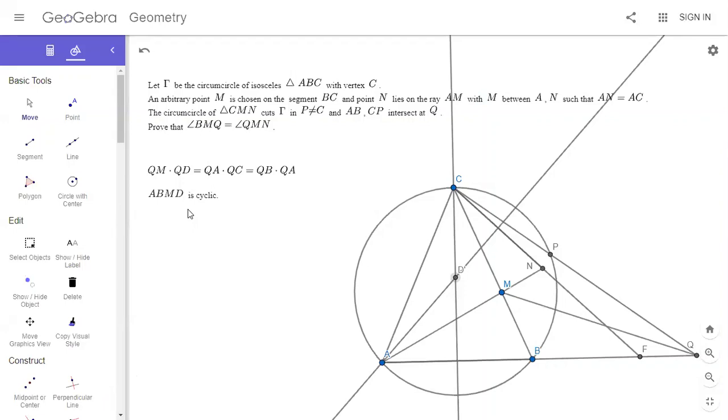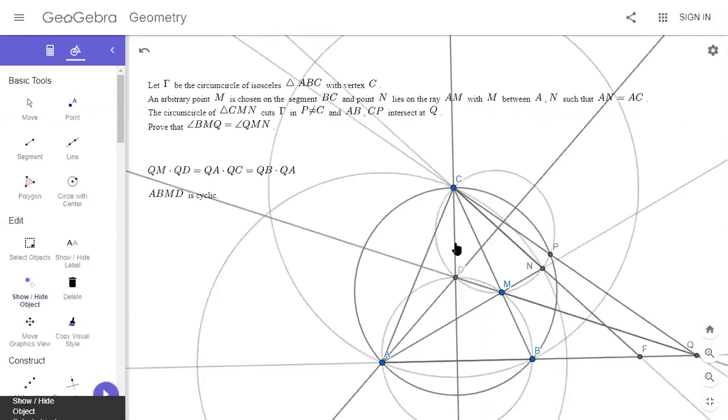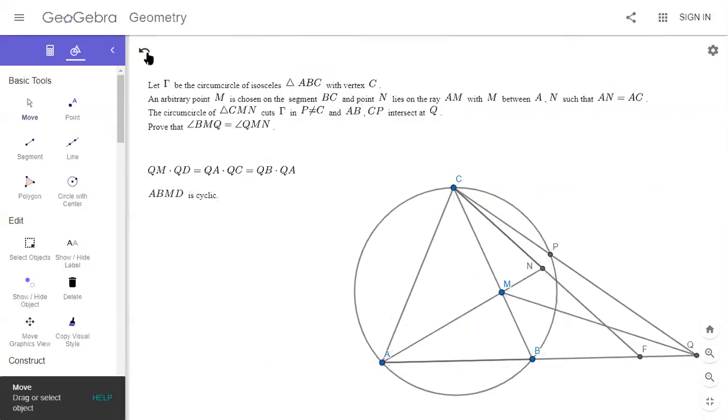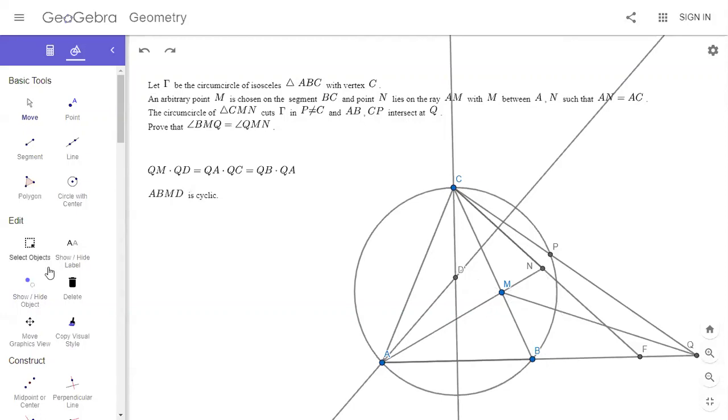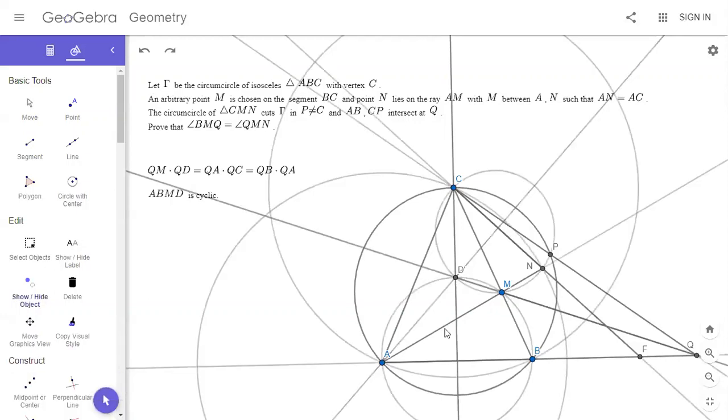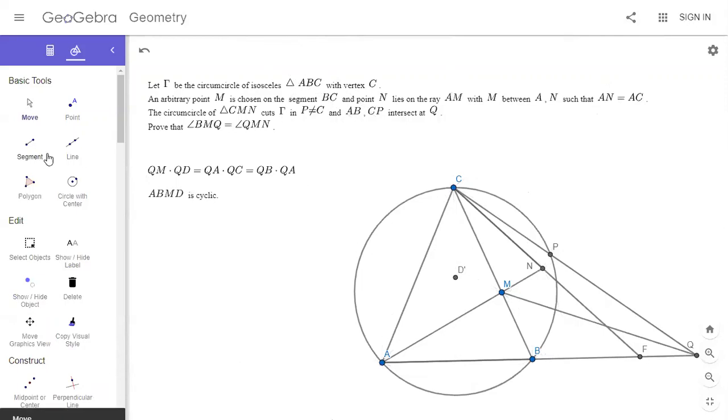I wrote the angle chase in the chat. Hold on just a sec. I don't want to hide point D, I just want to hide these.